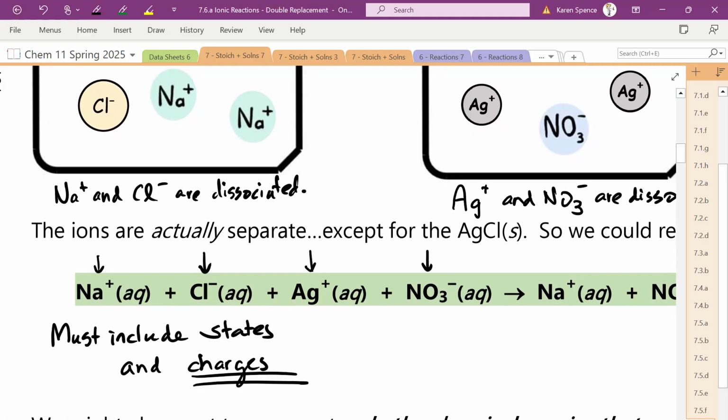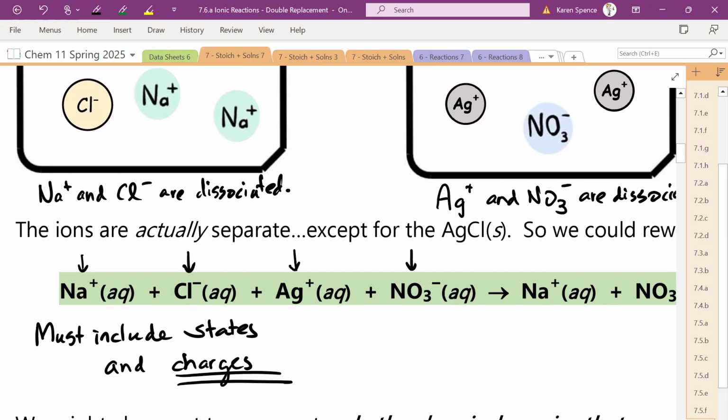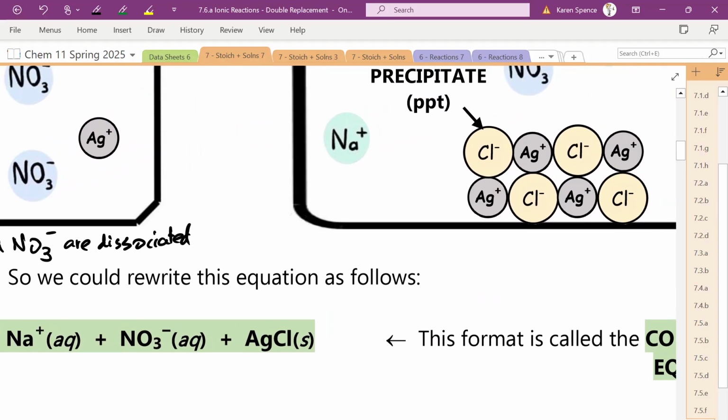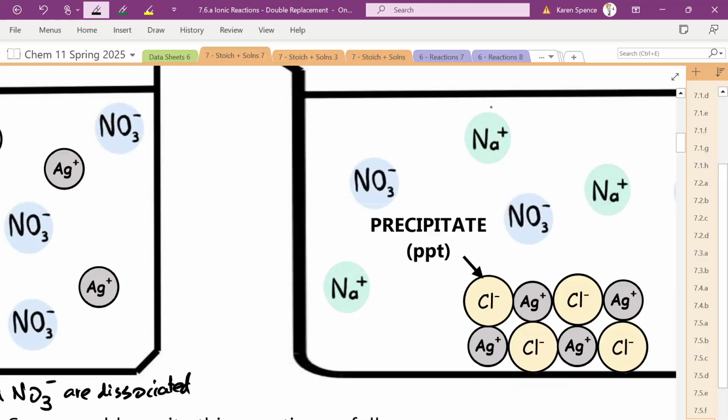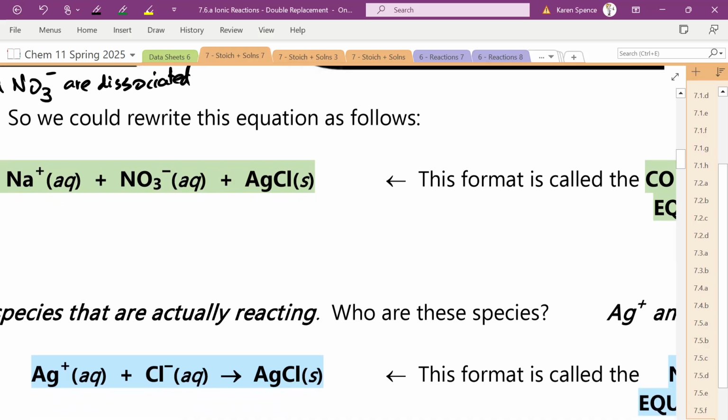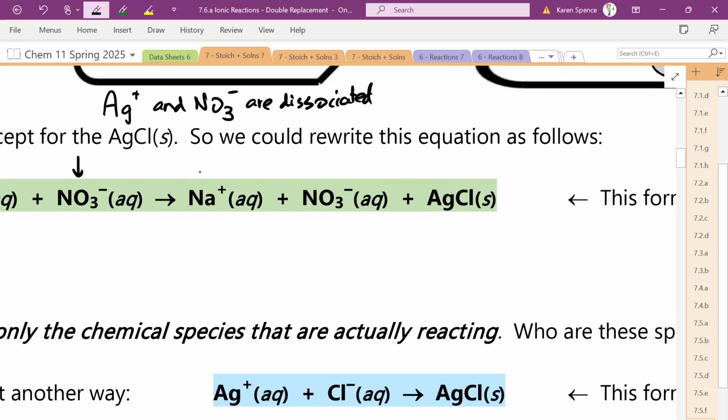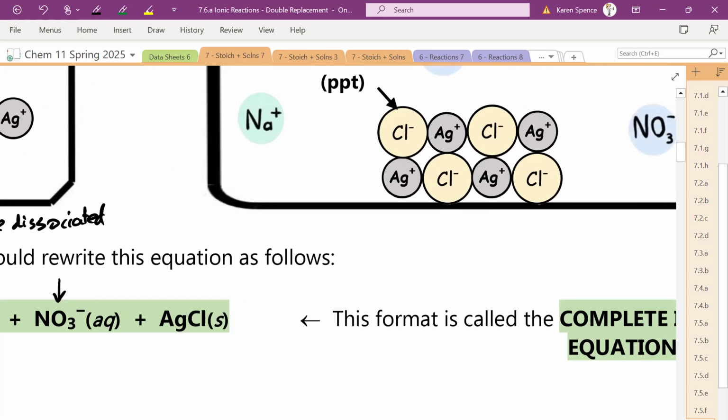Okay. So all that's going to happen here is that in our products, you can see that the Na and the NO3 are still separate. So we still write them separate. Na plus, NO3 minus, separate. And the AgCl, that is our precipitate, which is the solid that forms in a double replacement reaction.